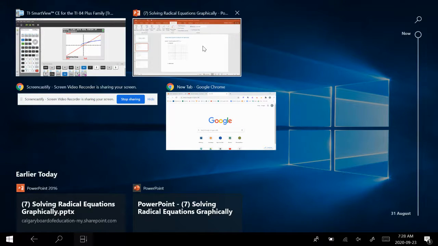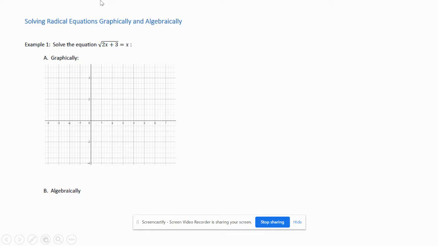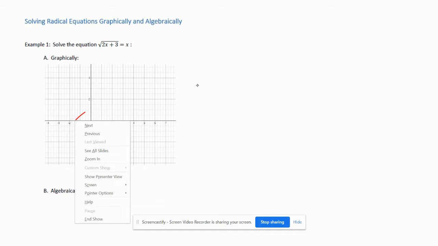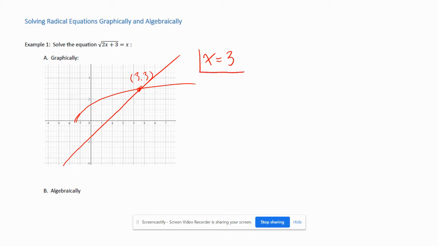Back to our drawing, we're seeing a graph that looks like this, and we have this intersection point. Guys, this picture is brutal, but the intersection point was at 3, 3. So our solution would be x equals 3.